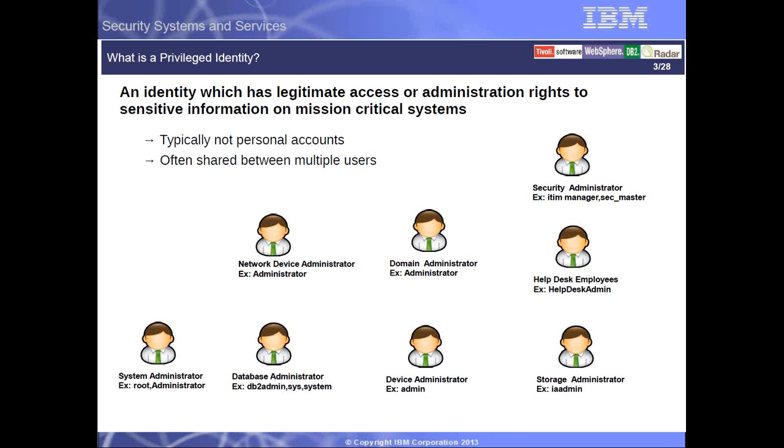Often these are shared between multiple users. So examples: you have root, administrator, DB2 admin, IT manager, sec master, and so on and so forth. These are powerful accounts to a system, and there are problems all around them as they are quite powerful. So we'll go to the next slide.